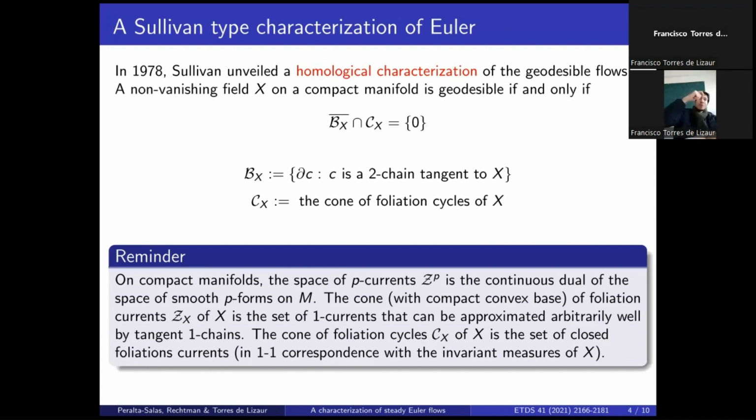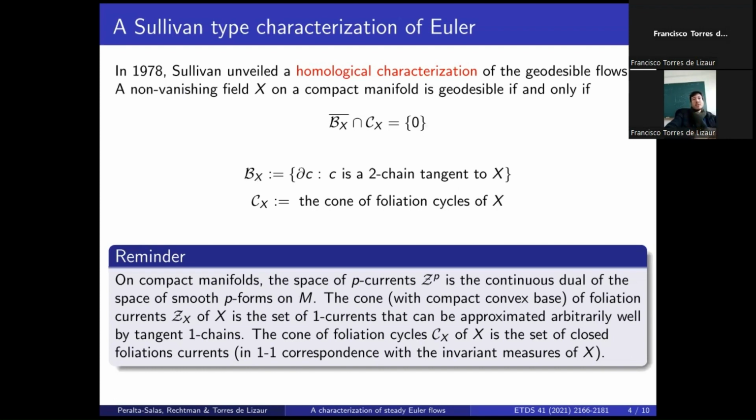Okay, and now you can repeat this process. You can take this orbit for longer and longer times, and if you normalize, if you divide by the time, you get a sequence of loops. Okay, and in the limit, when the time goes to infinity, you still get an object against which you can integrate one-forms, and which integrates exact one-forms to zero. And this object is a foliation cycle.